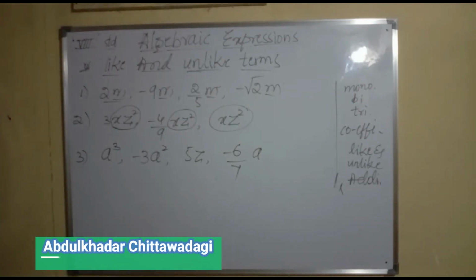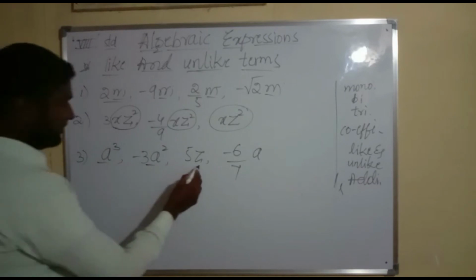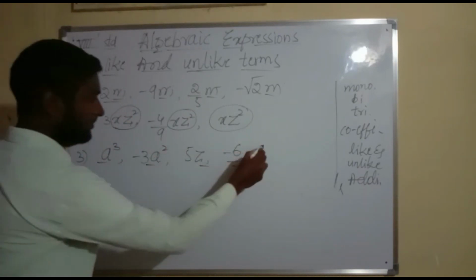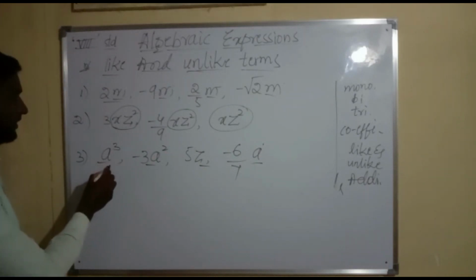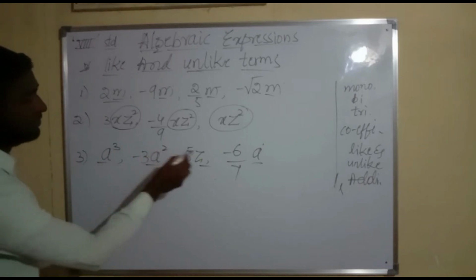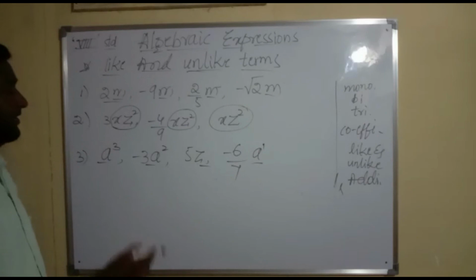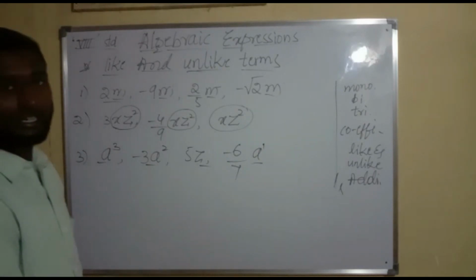These are called unlike terms, because the variables are different, z and a, and with different exponents: a cube, a square, z, and a to the 1. So the conditions don't apply, and that's why these are called unlike terms.